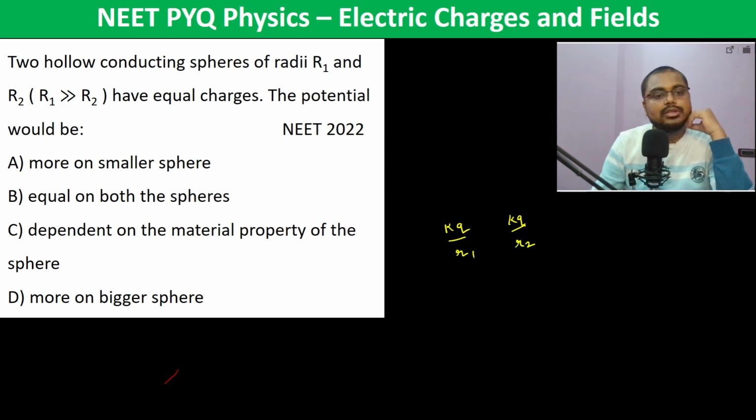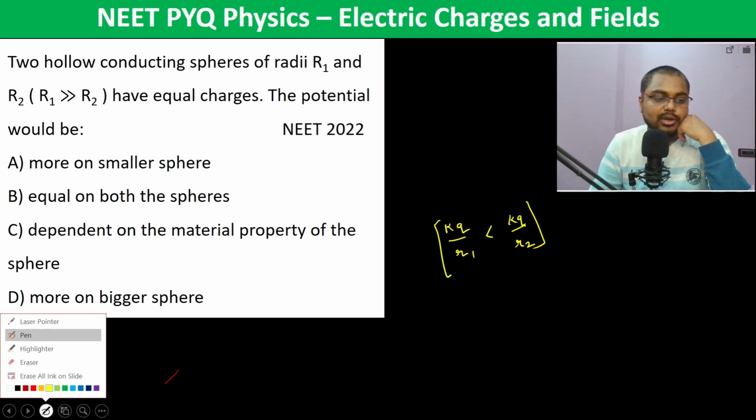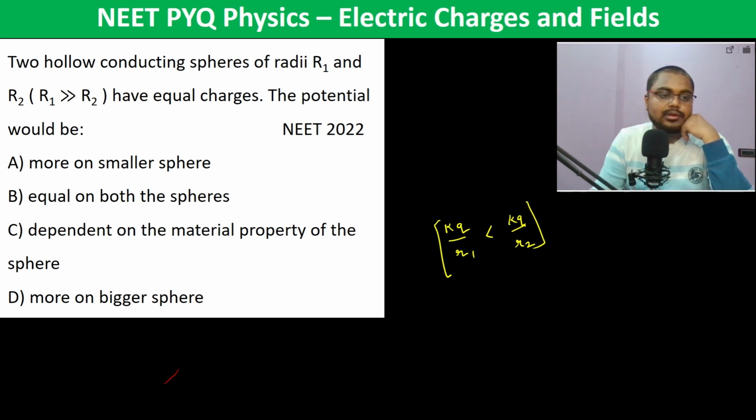Okay, since r1 is much greater than r2, therefore this is going to be the case. So potential will be less on the bigger sphere and more on the smaller sphere. Okay, so therefore A is going to be the answer.